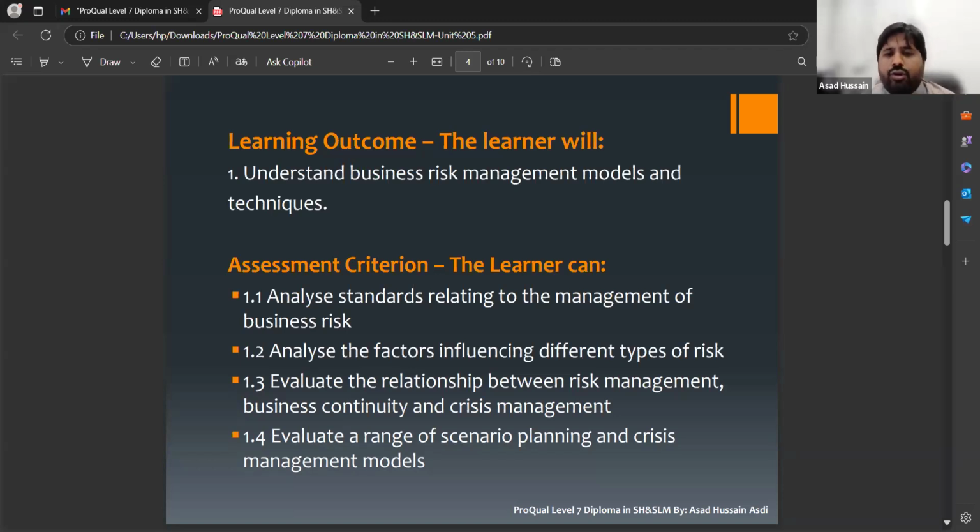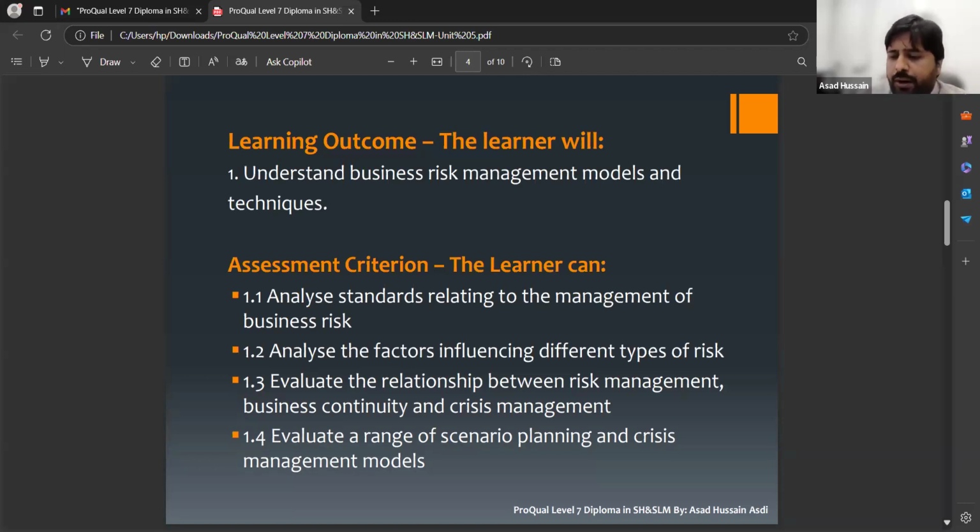So he has to produce solid evidence confirming that in his or her organization there is a strong relationship between risk management, business continuity, and crisis management. He has to understand that, evaluate that, and explain it.